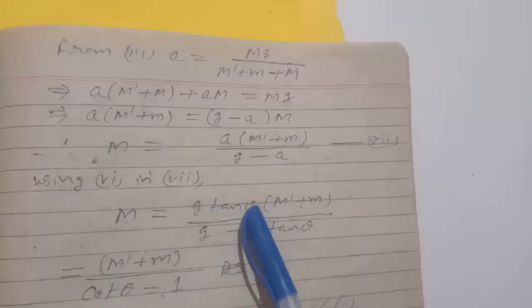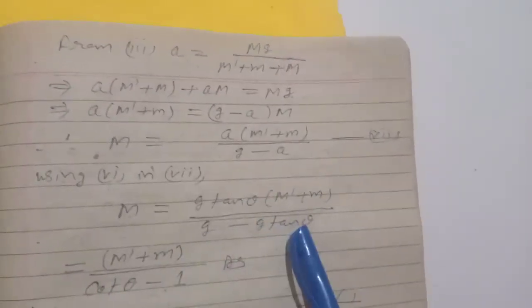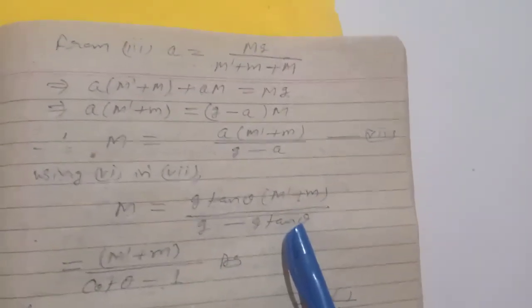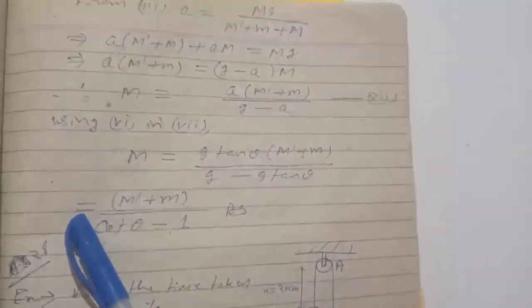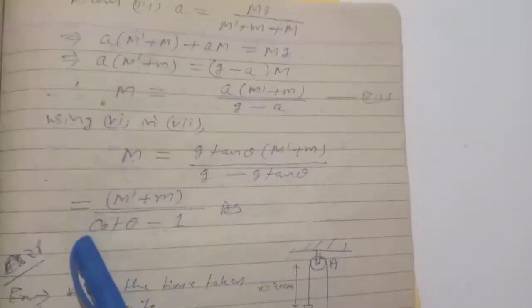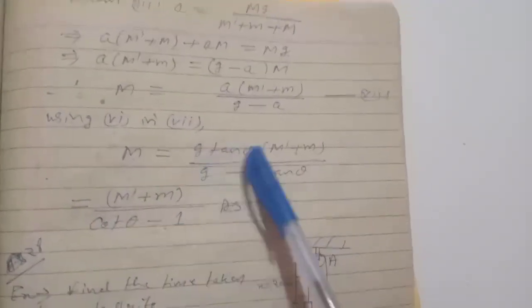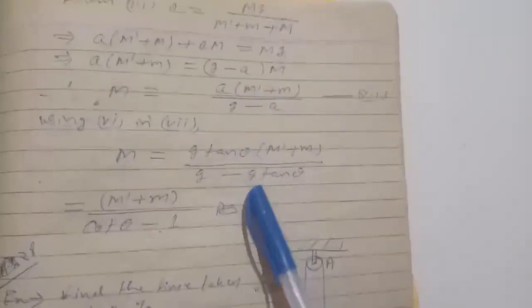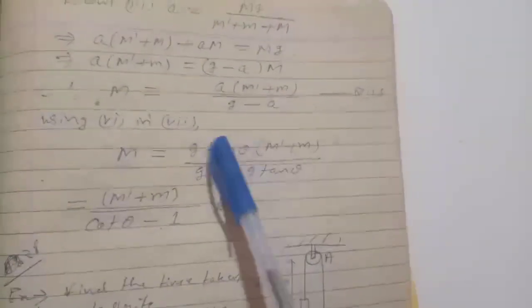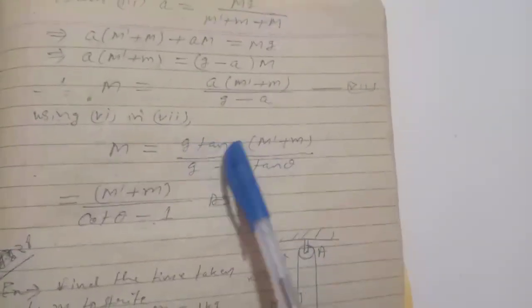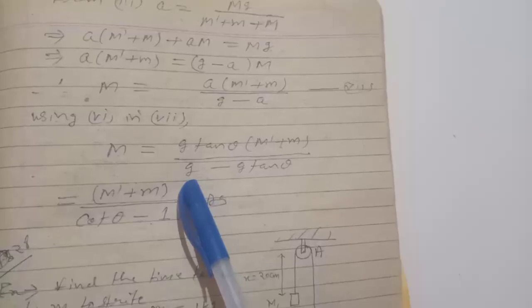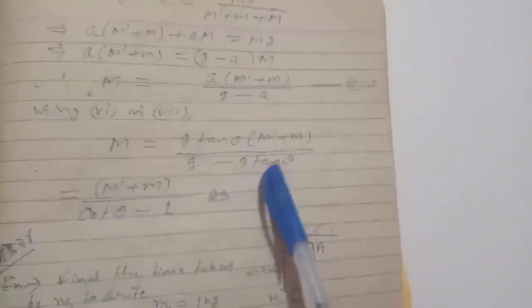Using 6 in 7, we get M equals g tan theta into m dash plus m divided by g minus g tan theta, or equals m dash plus m divided by cot theta minus 1, because dividing both upper and lower sides by g tan theta, we get m dash plus m, and this will be 1 by tan theta, so cot theta, and g tan theta will cancel out to form 1. This is the answer.